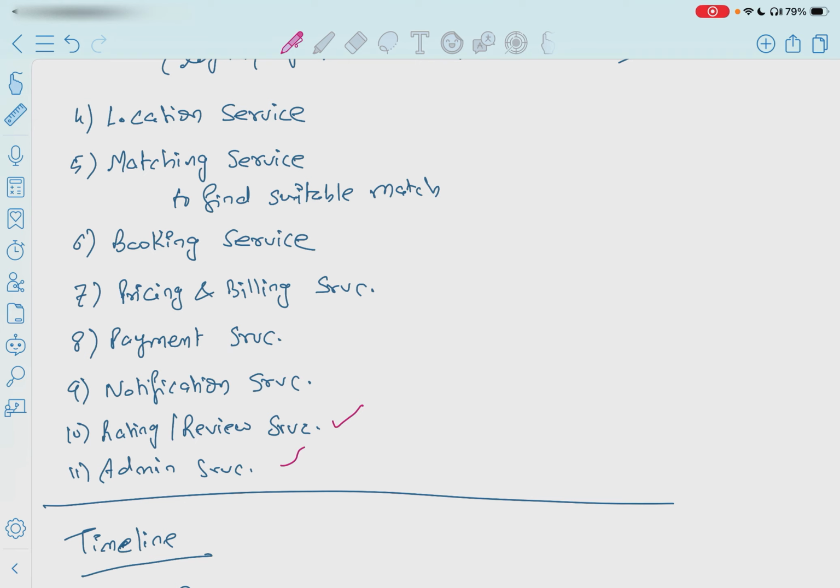Okay. So now the question comes that we have 2 months of timeline. In 2 months we have to go live. Okay. And we have these 11 services. Okay. So which is the correct approach or which is the correct design pattern using which we will be able to achieve this?